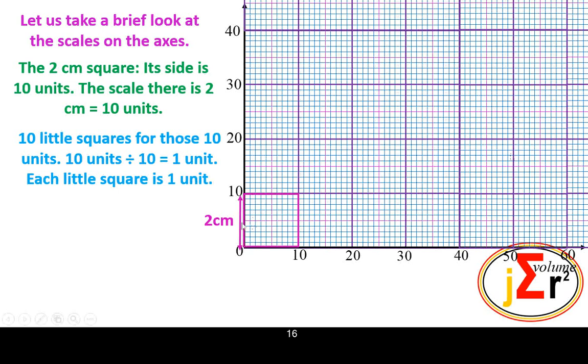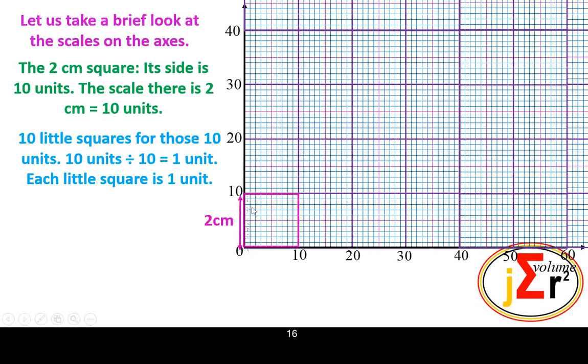Now we have 2 centimeters. First of all, we have 5 little squares in each centimeter. So we'll have 10 little squares for 2 centimeters. But it so happens that in this particular case, we have 2 centimeters to 10 units. So if we check, we'll have 1, 2, 3, 4, 5, 6, 7, 8, 9, 10.